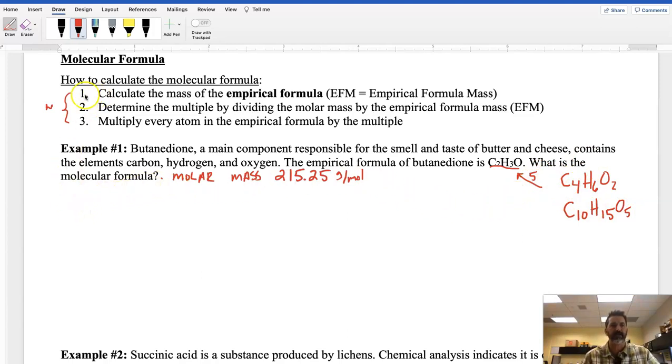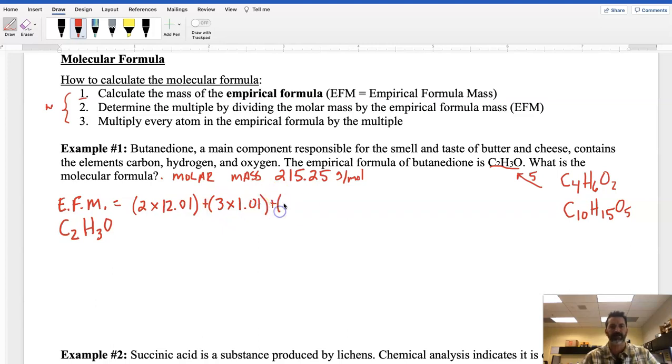All right, so how we do that is step 1, we calculate the mass of the empirical formula. Sometimes this is called the EFM, which just stands for the empirical formula mass. And again, the empirical formula is C2H3O. That was given. So now I'm going to do 2 times the molar mass of carbon, and add that to 3 times the molar mass of hydrogen.